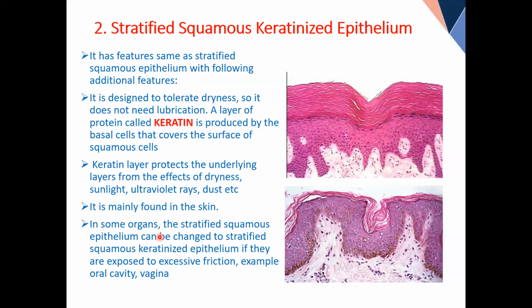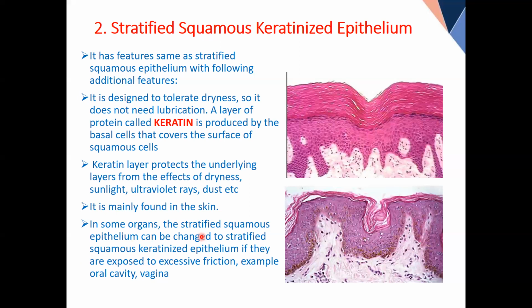Now, this point is important. I was coming to this point. In some places, stratified squamous non-keratinized epithelium can be changed to keratinized epithelium. It means, like, this is oral cavity. The epithelium is stratified squamous, non-keratinized.